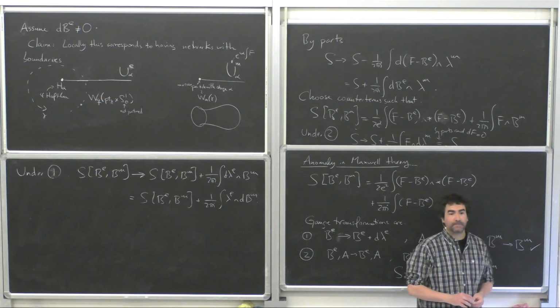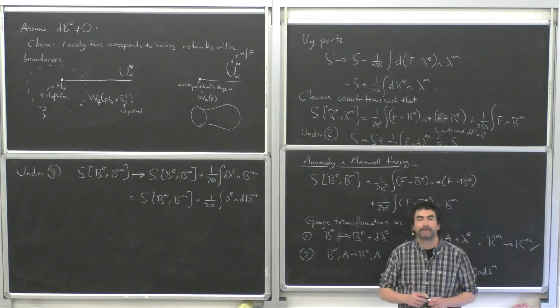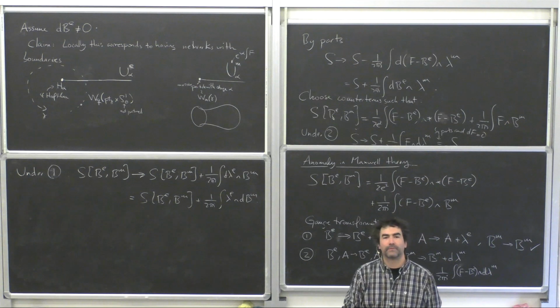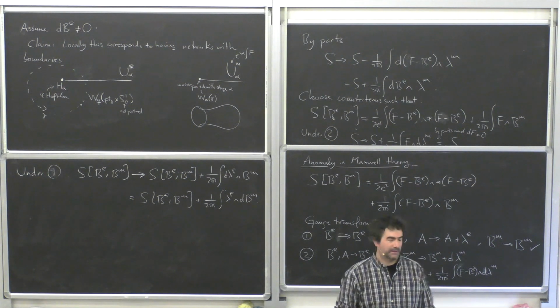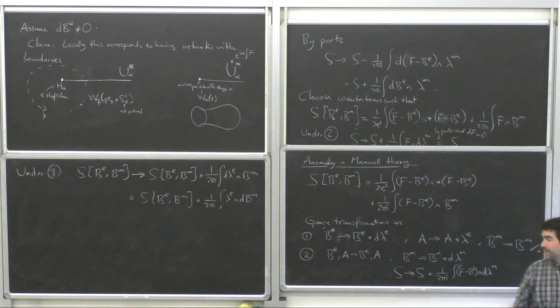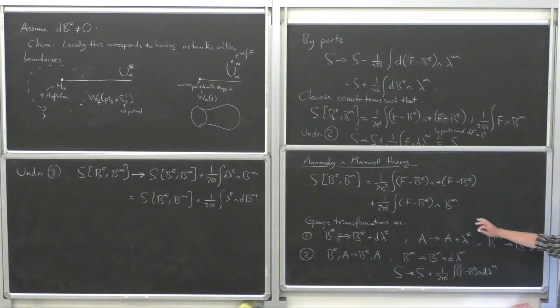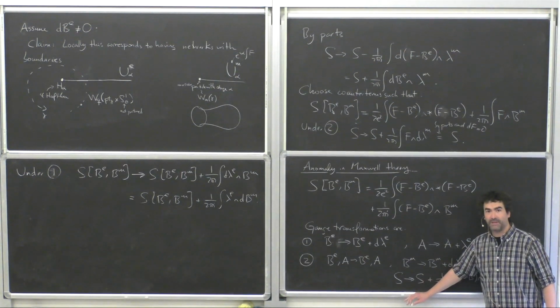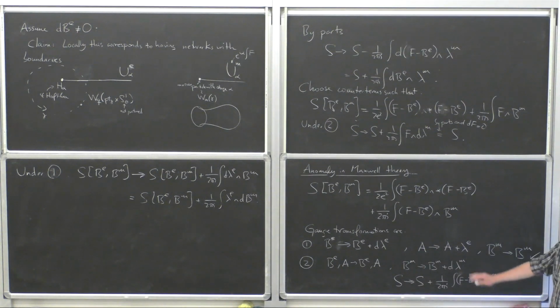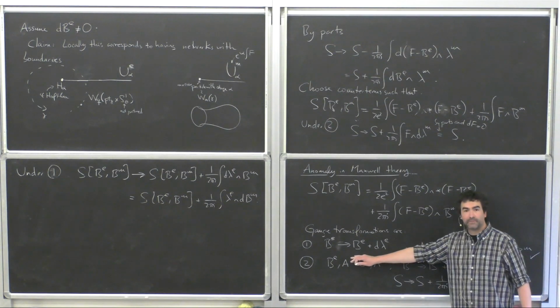Any other questions? Yeah, thank you. That's a great question. This is an abuse of language that's very often made, and I just made it, and it can be confusing, I agree. These are classical backgrounds.